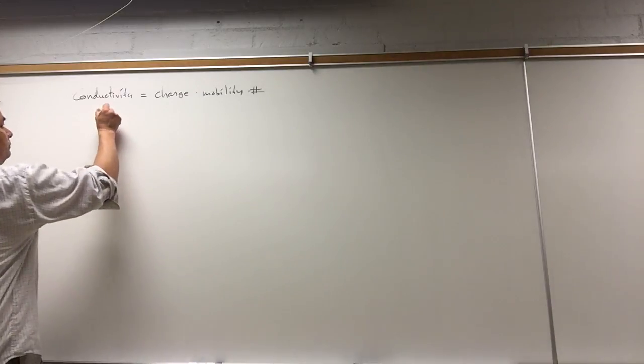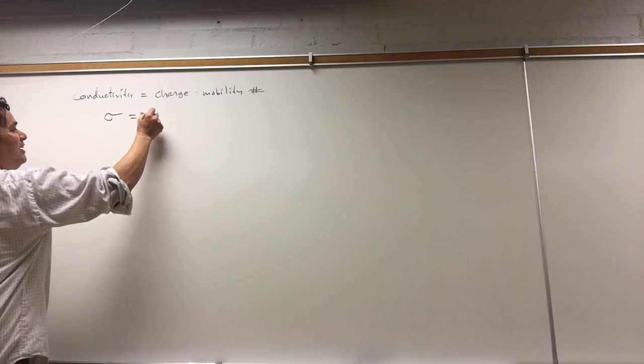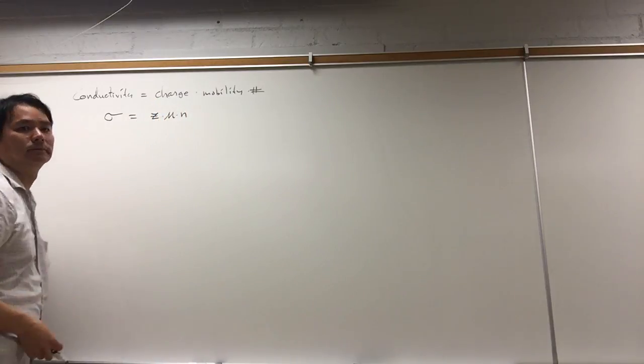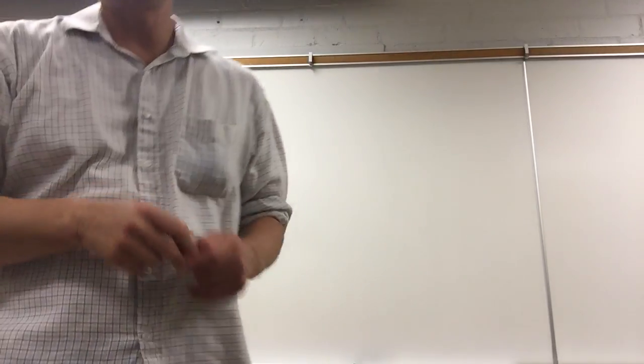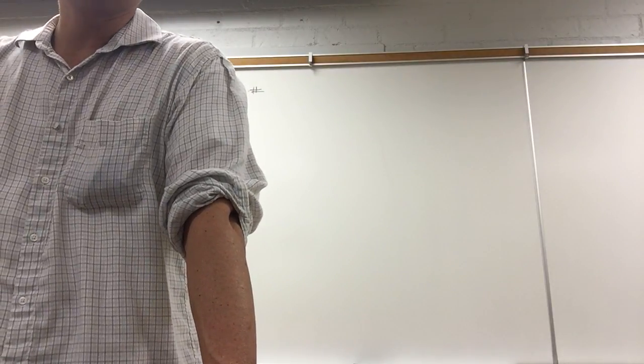In symbols, it's sigma is equal to Z mu n. Now this equation is not in your book. You don't have to worry about it. But we worry about these things. It's different than electrolyte.